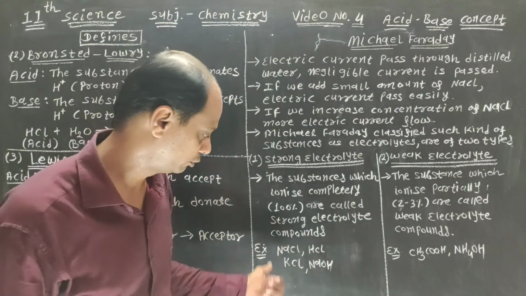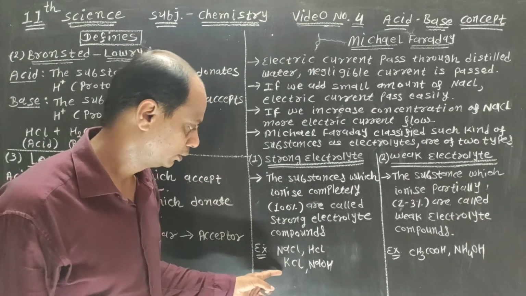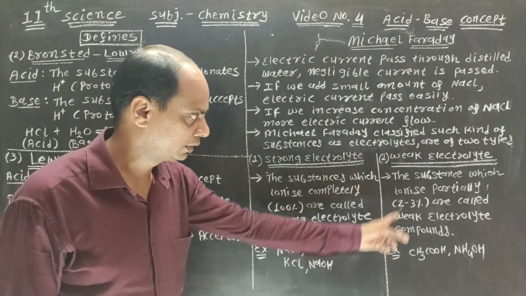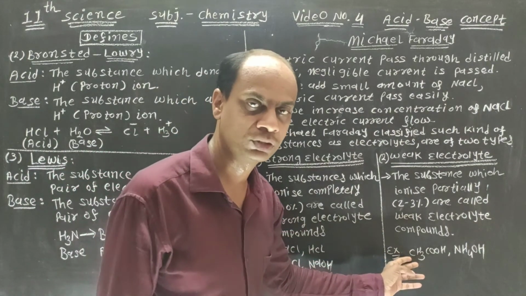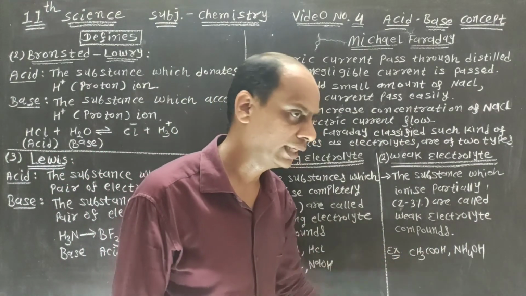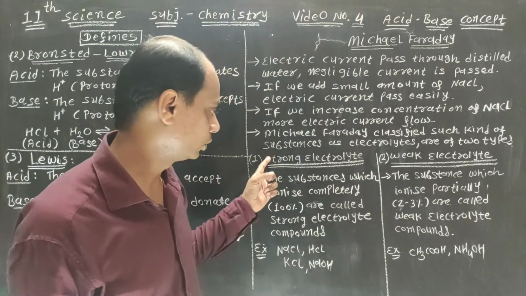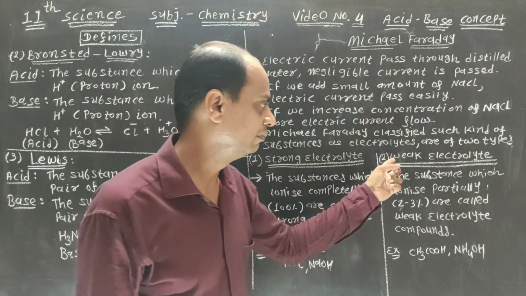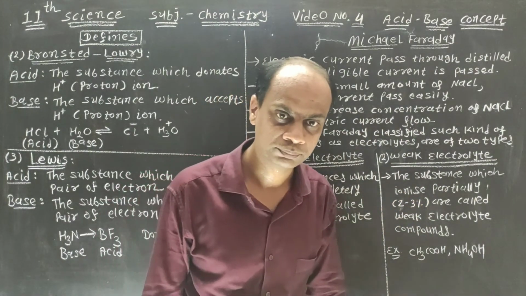We have examples for strong electrolytes: sodium chloride, hydrochloric acid, potassium chloride, and sodium hydroxide. While in the case of weak electrolytes, we have examples like CH3COOH, acetic acid, and NH4OH, ammonium hydroxide. A strong electrolyte ionizes completely 100%, while a weak electrolyte ionizes partially 2 to 3%.